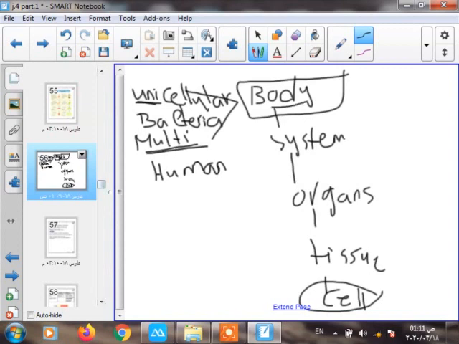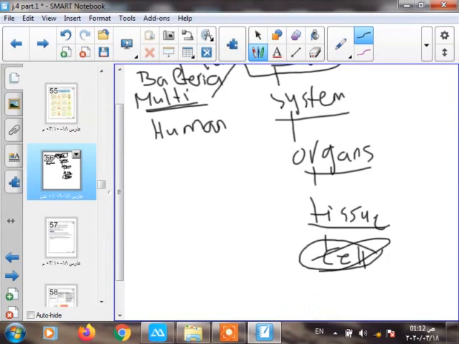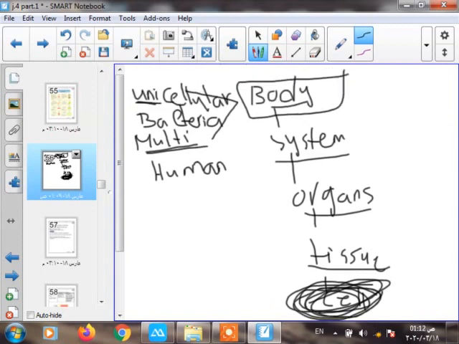So the body is made of systems, and each system is made up of a group of organs, each organ of a group of tissue, and each tissue of a group of cells. And what about the cell? Cell is the building unit of any body. This living organism can be unicellular or multicellular.